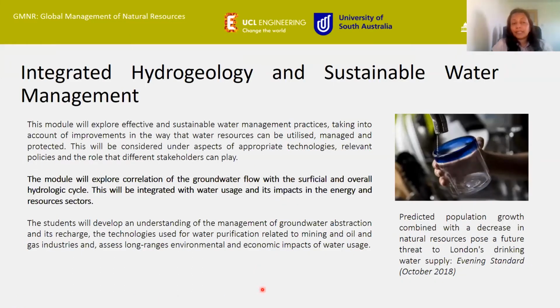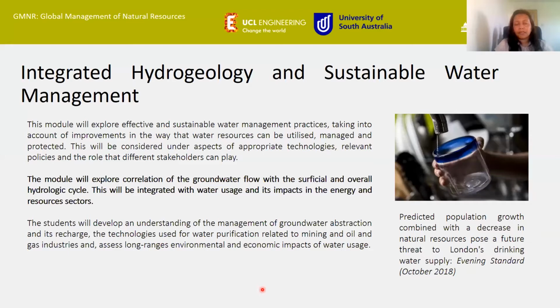So what is essentially going to be covered in the module, Integrated Hydrogeology and Sustainable Water Management? Now, if we look at water management, we need to understand about the groundwater, the subsurface water flow, and how it connects to the surface water bodies and the surface water flow. This is a fundamental basis of understanding water management.